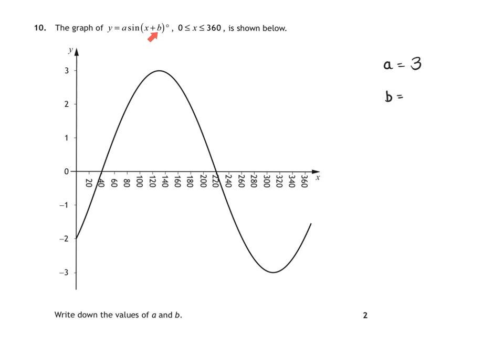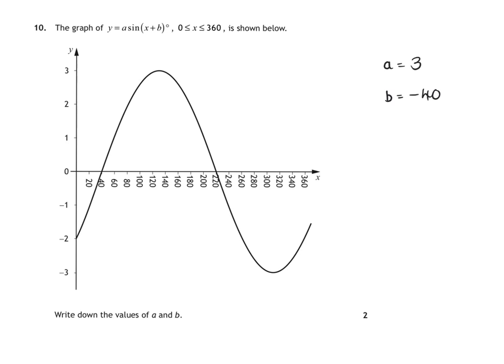So for the b, we need to look at what we would need to do to move this start back to where it's going to be. So it's at 40, so to move it back to 0, we would need to subtract 40. Yeah? So that means our b is in fact minus 40, because we need to subtract 40 to move it back to 0. So b is going to be minus 40.